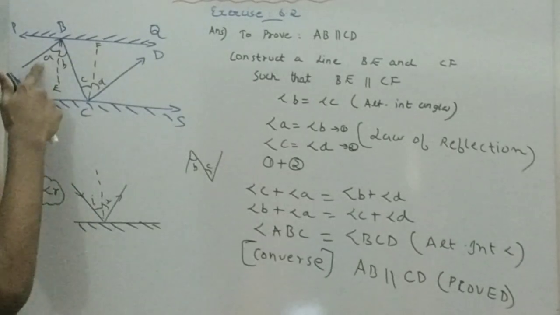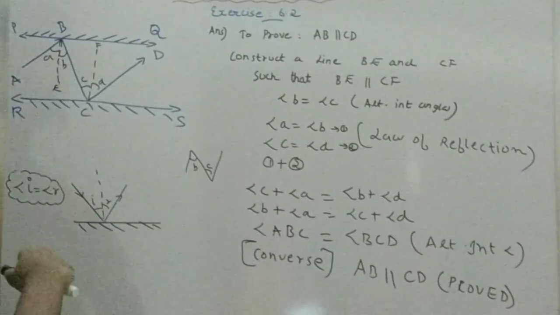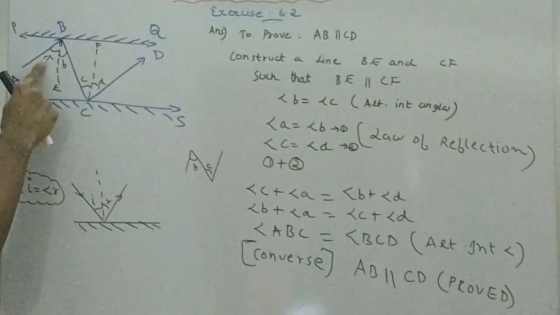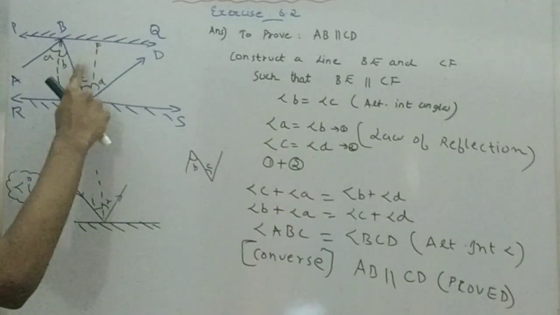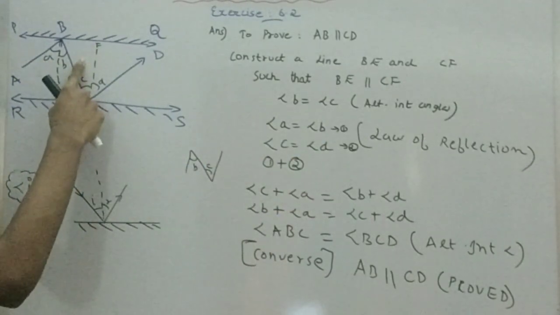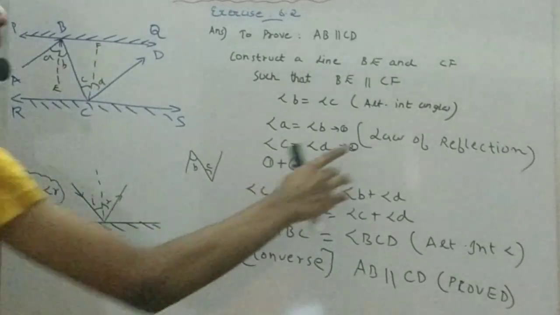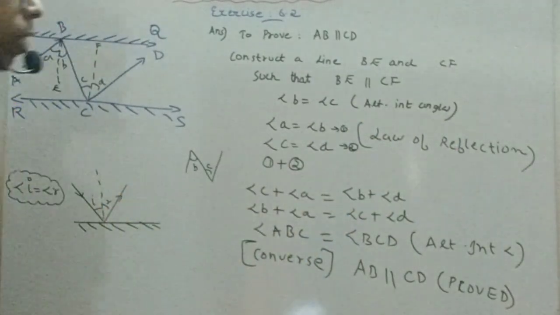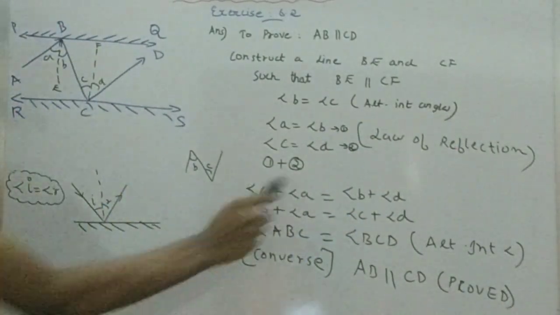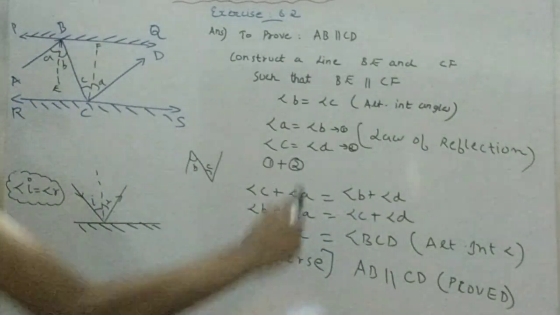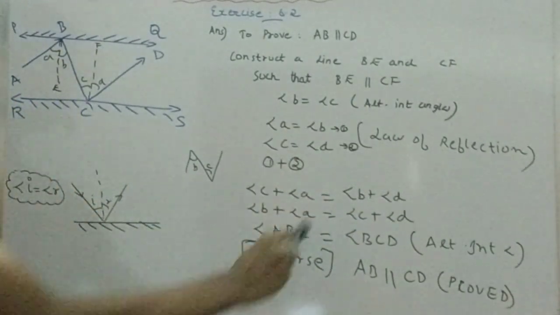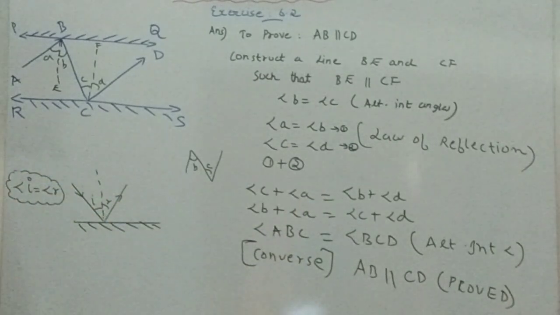We said that the angle of incidence and the angle of reflection are equal. So from here we are saying that angle A is equal to angle B. Similarly here also, angle C is equal to angle D, because according to the laws of reflection the angle of incidence is equal to the angle of reflection. This I am taking as equation 1. This I am taking as equation 2.